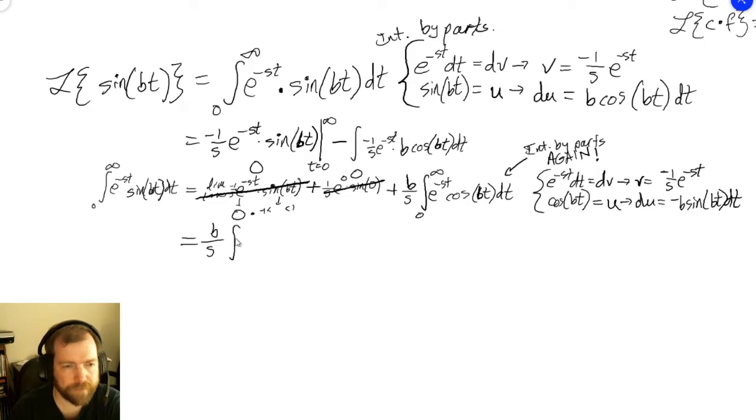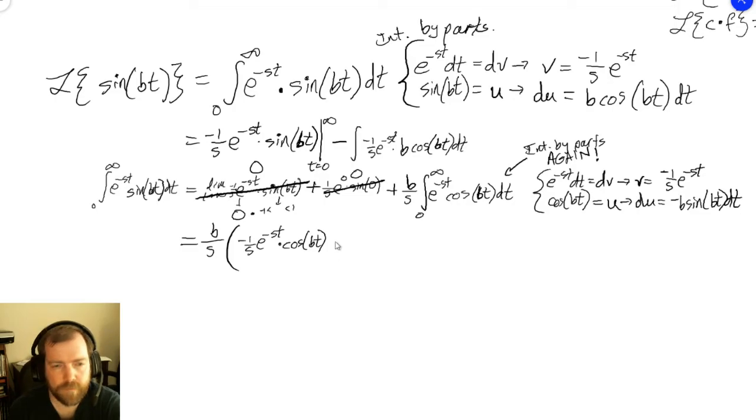This is going to be multiplied by uv, which is going to be -1 over s e to the -st times cosine of bt, minus integral from 0 to infinity, and this is also evaluated t equals 0 to infinity, of v du, so -1 over s e to the -st, and times du is going to be a negative times a negative b sine of bt dt.